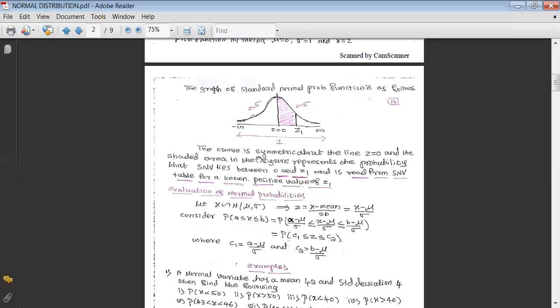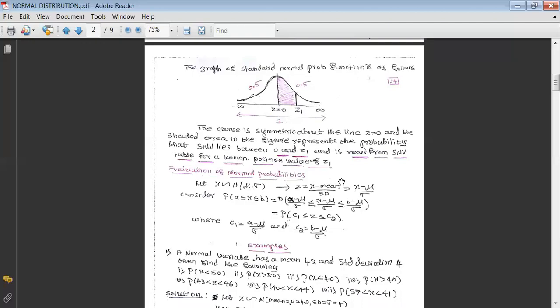And here we have said that the curve is symmetric about the line z equal to 0, and the shaded area in the figure represents the probability that the standard normal variate lies between 0 and z1, and it is read from the standard normal table for a known value of z1.